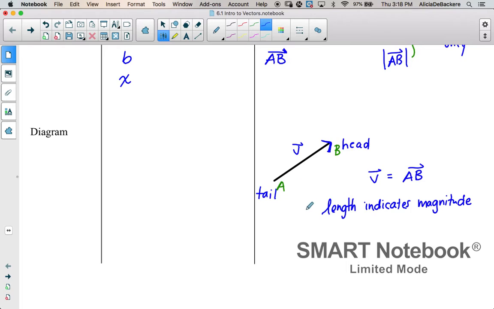I'm going to make sure that the angle between the two matches the situation, so the angle will indicate my direction. Sometimes they'll give me that direction in terms of northeast, southwest. So here in this picture, I've drawn it heading to the northeast.